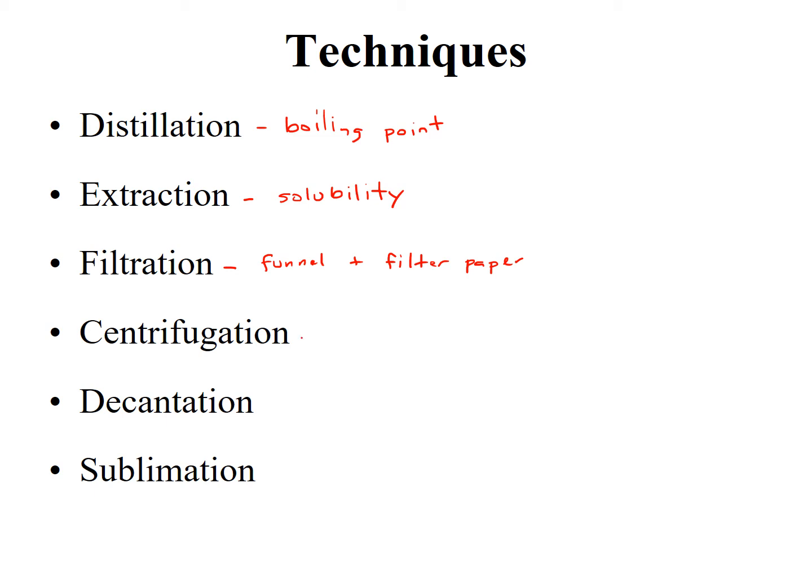Then you can also use centrifugation, the process of separating a suspended solid from a liquid by whirling the mixture at high speed. You need an equipment known as a centrifuge. You're taking advantage of the centrifugal force, and it forces your solid component to settle at the bottom.